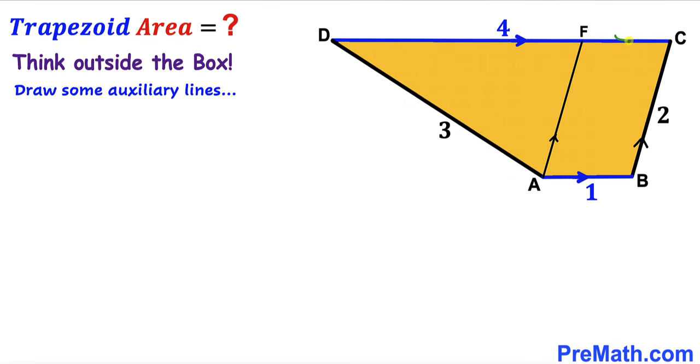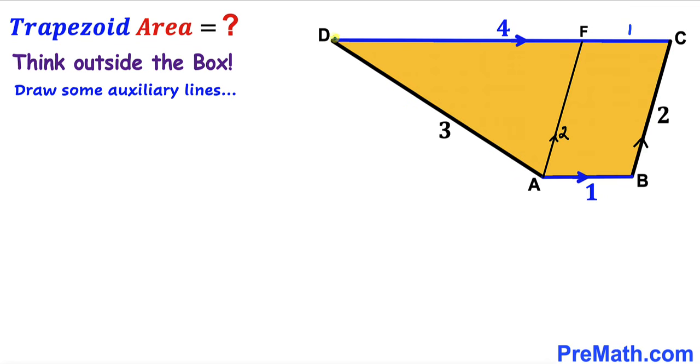Since these sides are parallel to each other as well, side AF is going to be equal to side BC. If this side length is 2, then this side length has got to be 2 units as well. Furthermore, length FC is equal to length AB. If this length is 1, then segment FC is 1 unit as well.